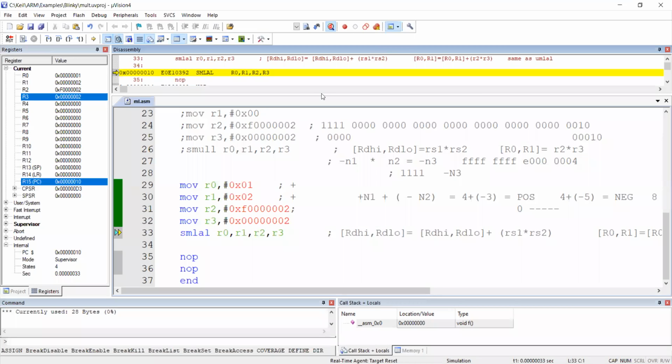Here, which is plus and which is minus? Can you answer in the text box? Whether R2 is positive or R3 is positive? Yes, R2 is negative. The answer is correct. R3 is positive. So positive number into negative number, what is the answer? That is going to be negative, which I have explained.